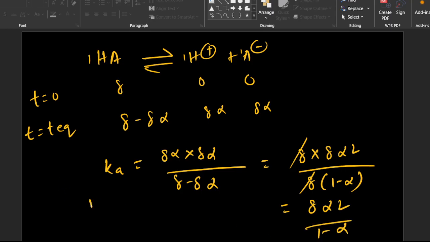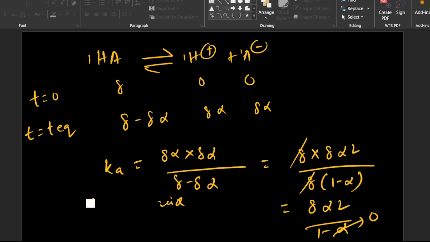And we know that for weak acids alpha is very much less than 1. So compared to 1, alpha is very small, and we can neglect it and take it as 0.